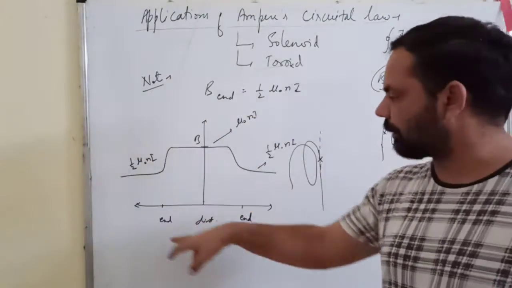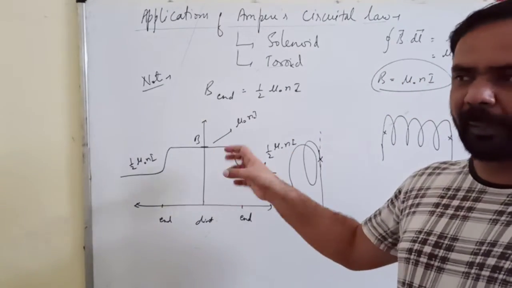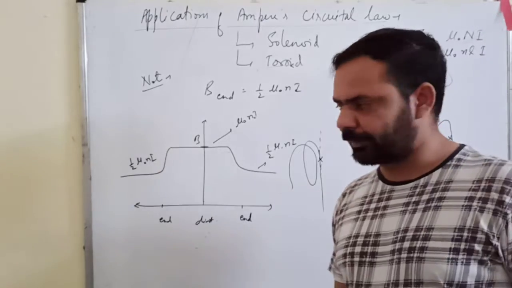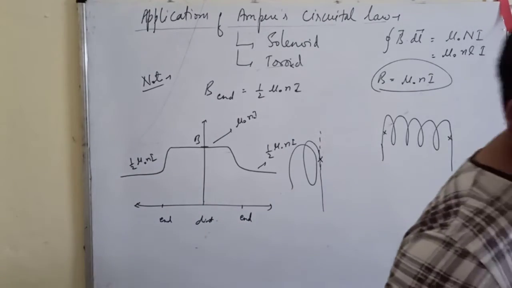This is the graphical representation of the magnetic field of a solenoid. Now the next topic is toroid.